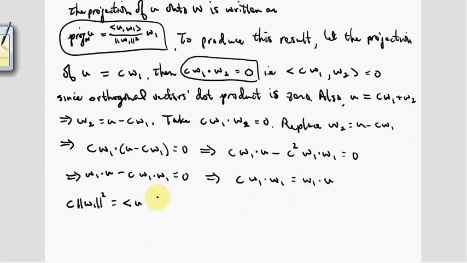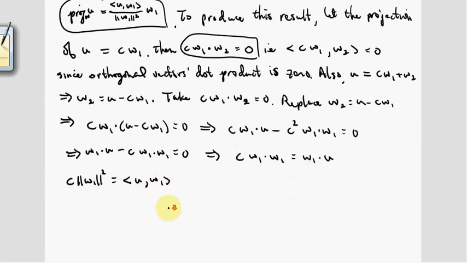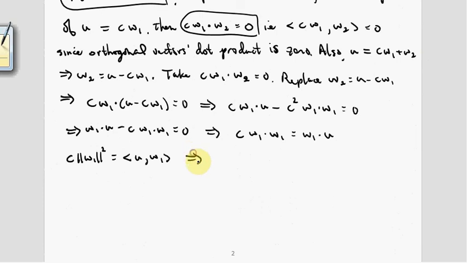So here, this is the same thing as U dot product with W sub 1. This implies that C is equal to the inner product of U with W sub 1 all over the norm of W sub 1 squared.